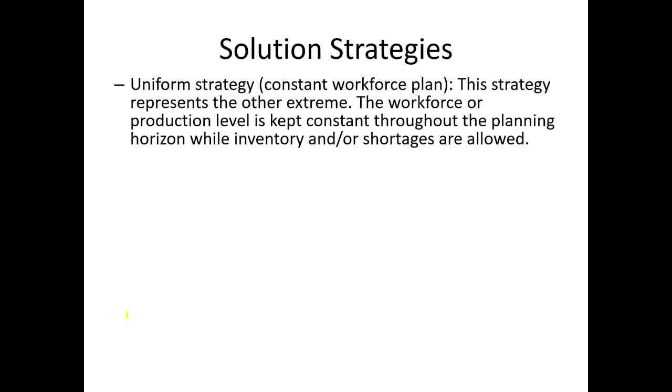So in this policy, we would like to maintain a fixed capacity level for the regular time production, okay, by fixing the number of workers. And of course, when we keep a constant workforce level, this means what? This means we will have neither hiring nor firing, except probably for the first period.